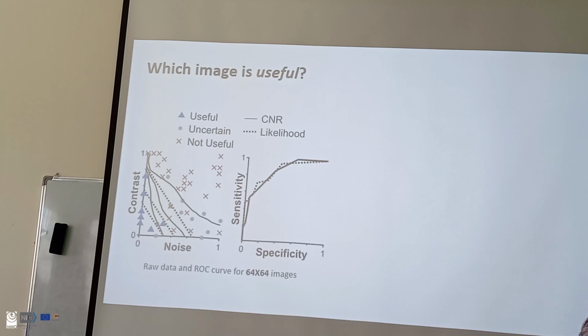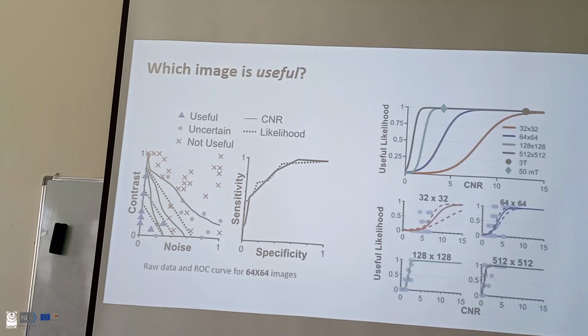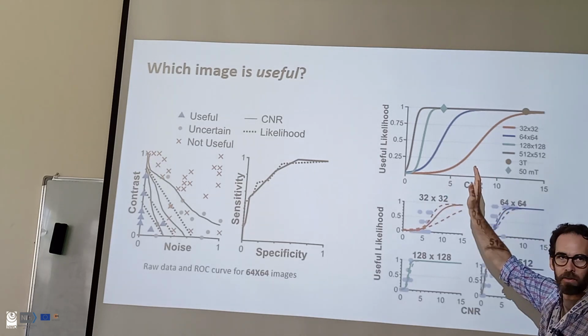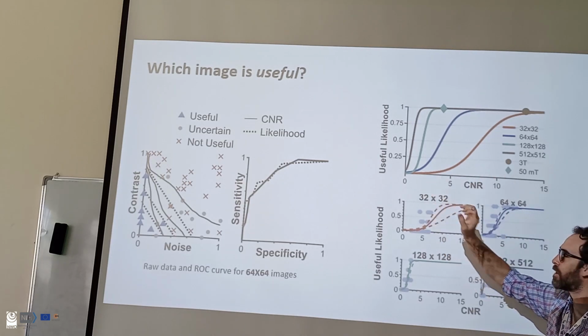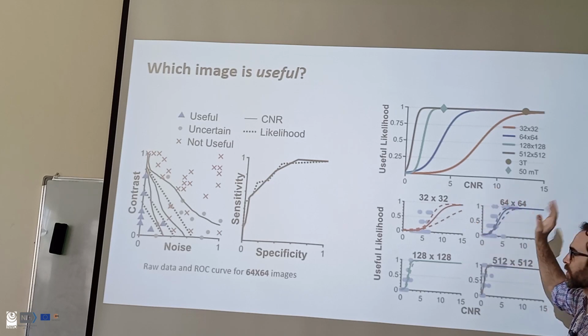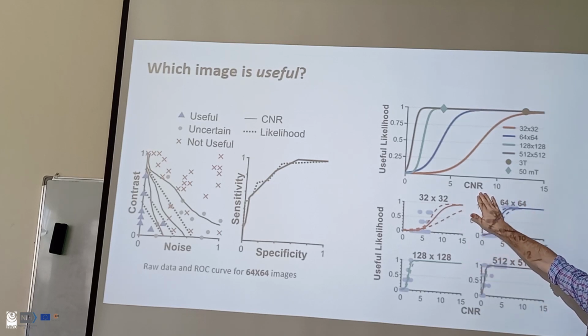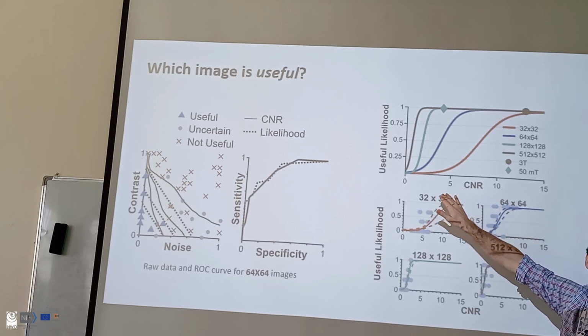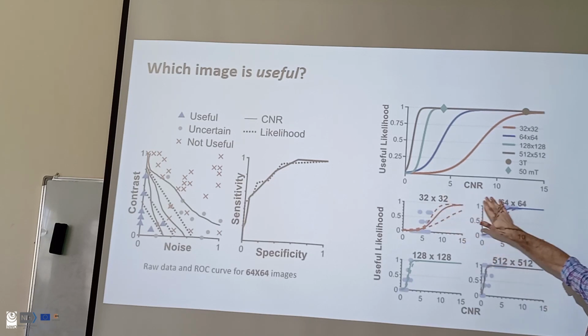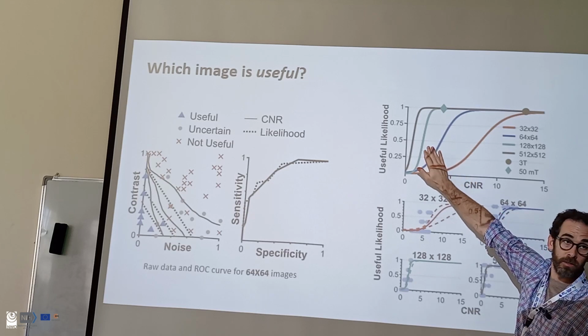So I thought I would reduce the space to not just noise and contrast, but just contrast to noise ratio, and perform another logistic regression. And that's what I ended up doing. Without going into detail about the method, the way it works is you can use contrast to noise ratio as a predictor, so how much contrast to noise ratio is in each image per resolution.